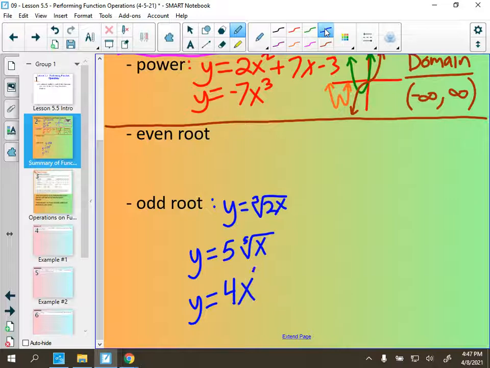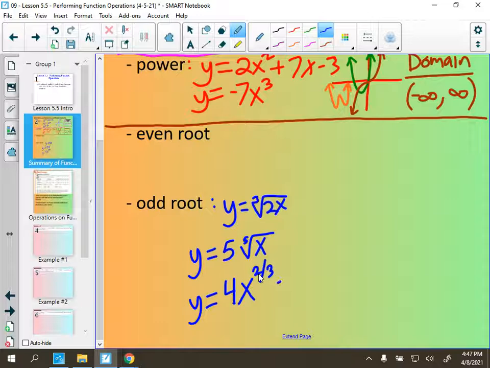to the 2/3 power. So that one is definitely kind of tricky, because it looks like a power function almost, because it's got an exponent. But we should know from the previous sections that that could be rewritten and viewed as the cube root of x squared.